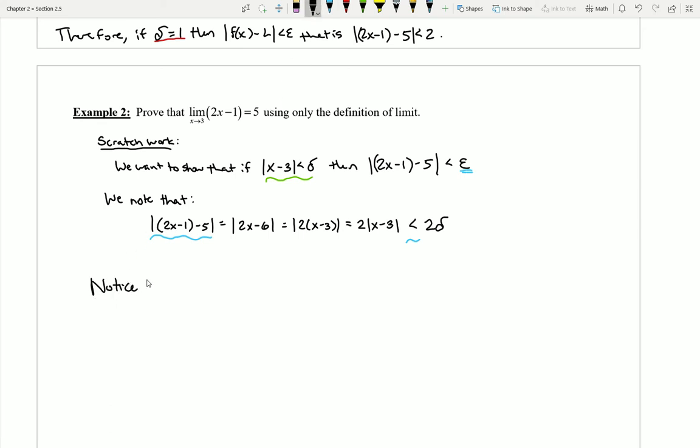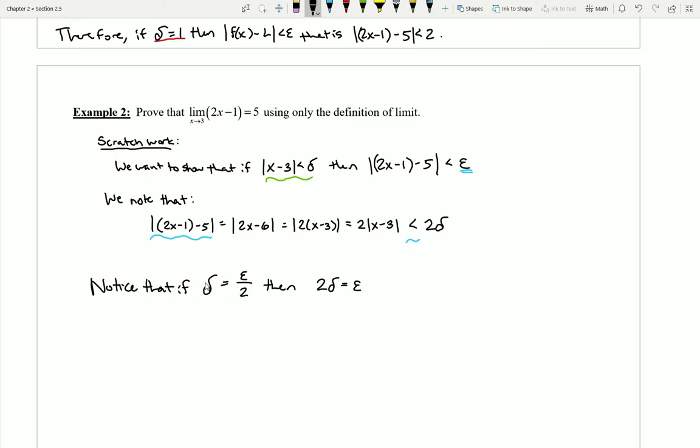I might say, notice that if delta is simply equal to whatever epsilon we were originally given divided by 2, then notice this would imply that 2 times delta is identical to epsilon, right?